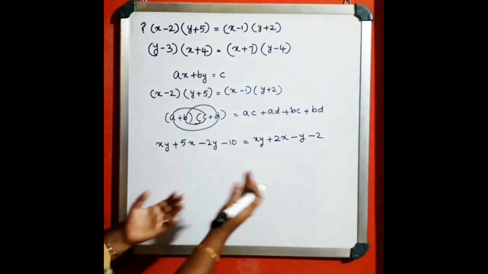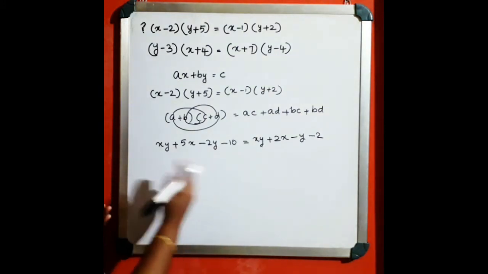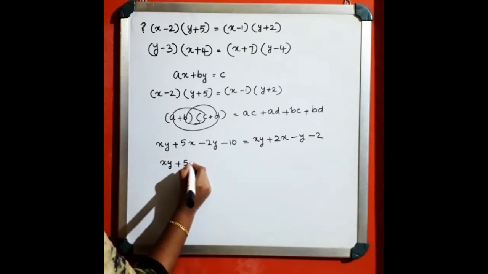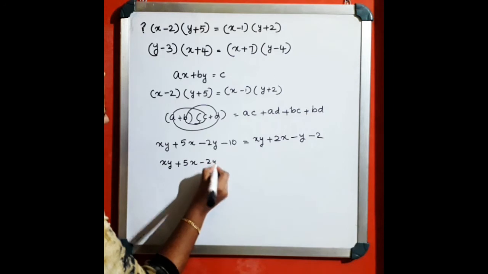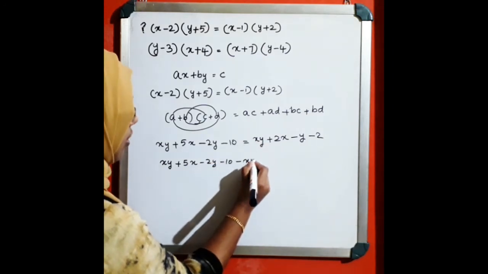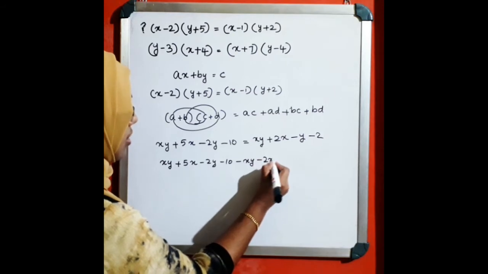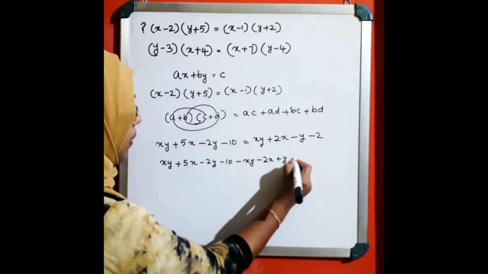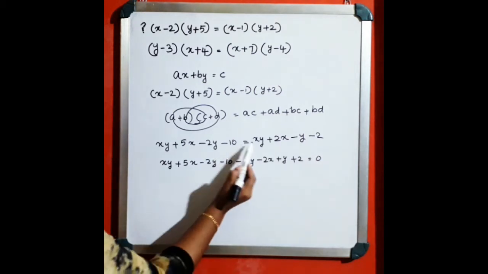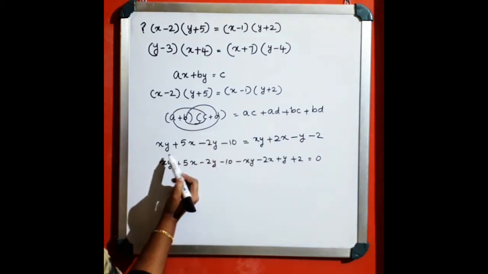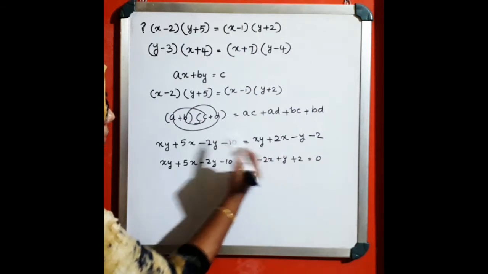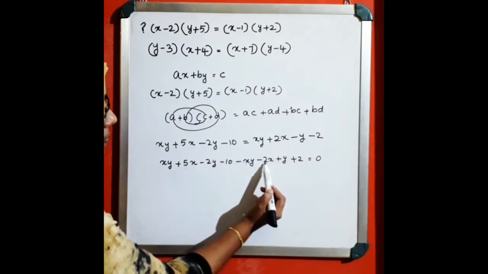Now take all terms to the left side. We get xy plus 5x minus 2y minus 10 minus xy minus 2x plus y plus 2 is equal to 0. If we take xy to the left side, it becomes minus xy. If we take plus 2x to the left side, it becomes minus 2x.